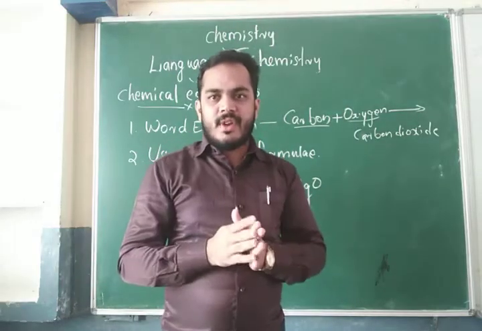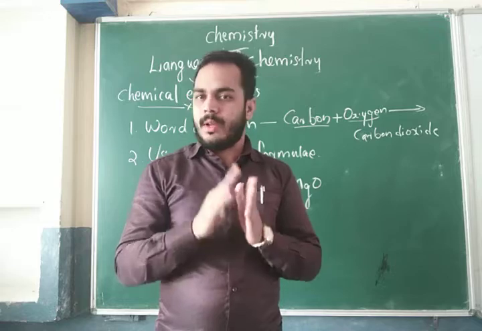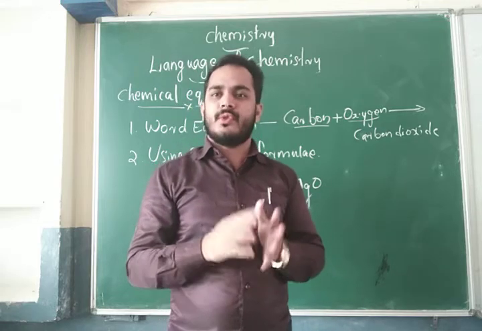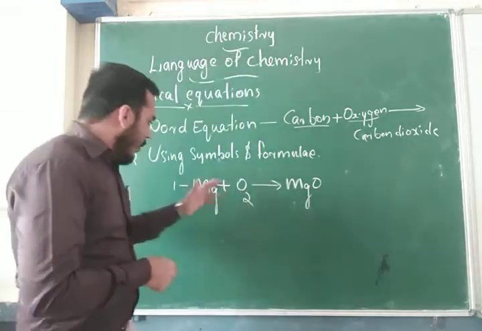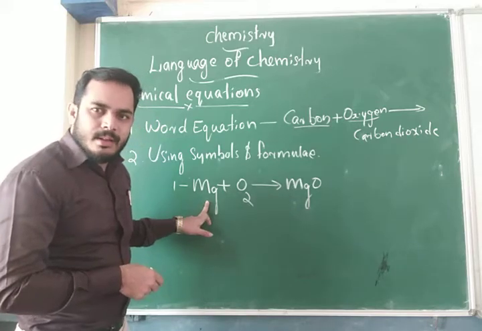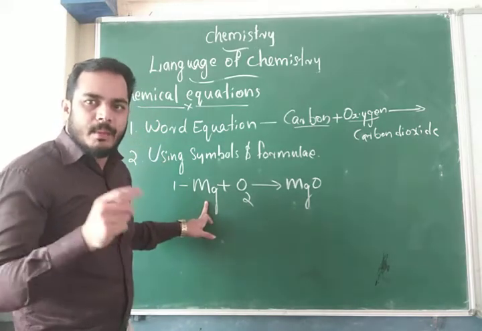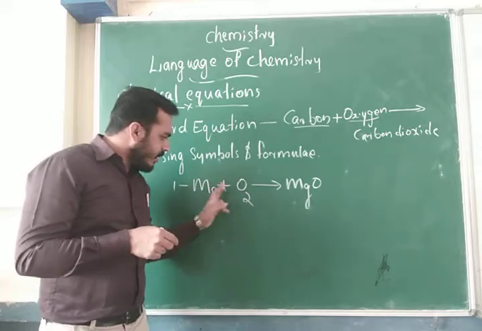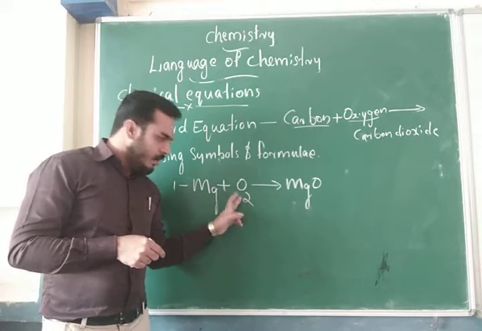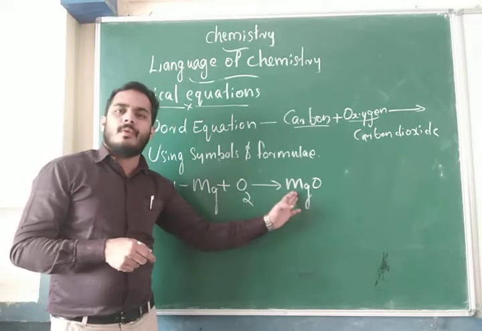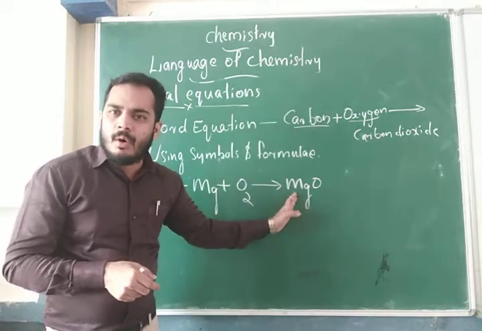I will give you one best example of a chemical equation using symbols. What is meant by this symbol? Mg means magnesium. Magnesium reacts with oxygen to form magnesium oxide.